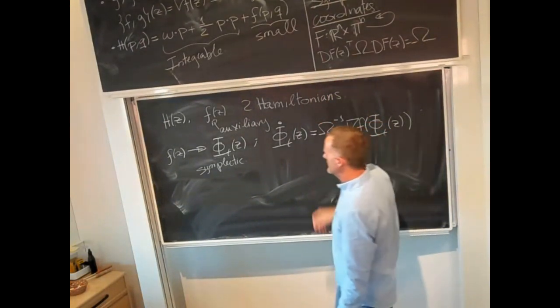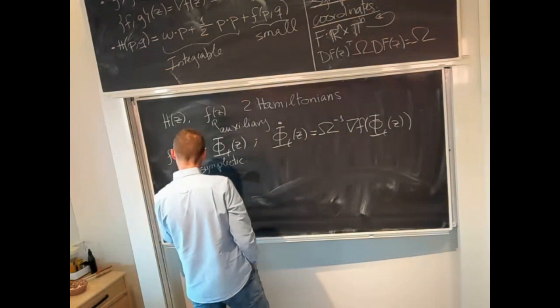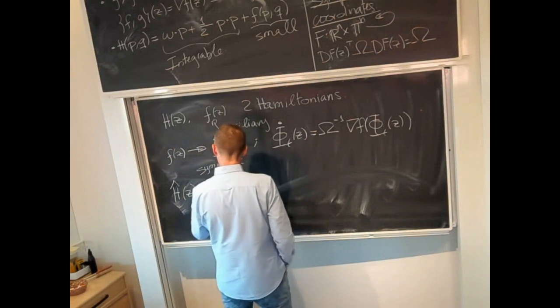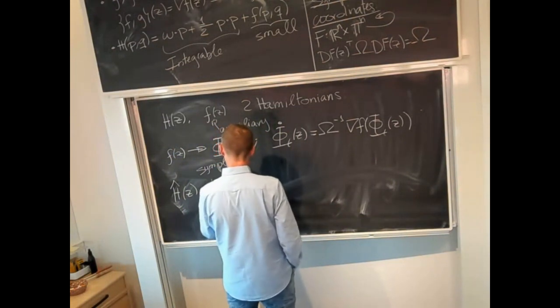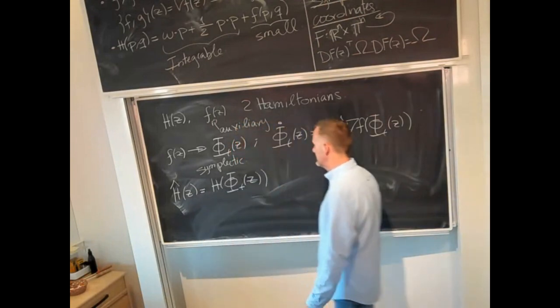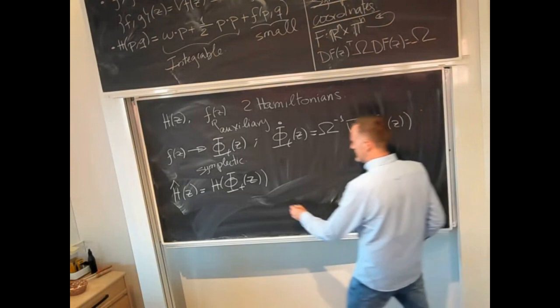It is a canonical change of coordinates. The new Hamiltonian that we get is given by the change of coordinates that we do with this one, where we fix a time t.